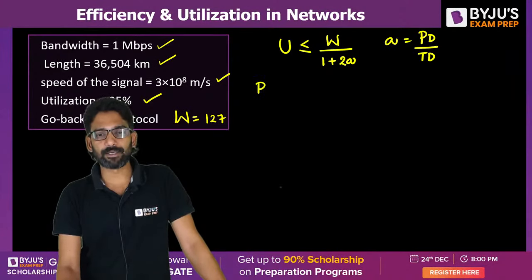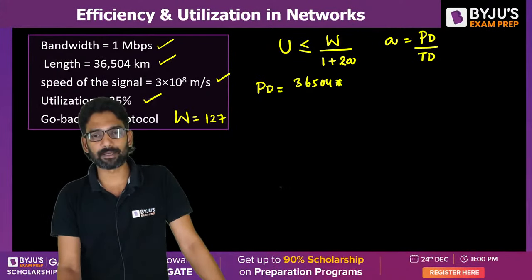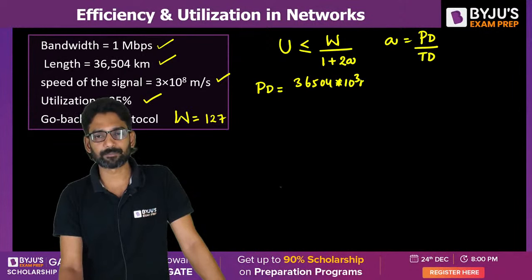So let us calculate propagation delay, that is 36,504 kilometers, I am directly converting into meters, divided by 3 multiplied by 10 power 8 meters per second.